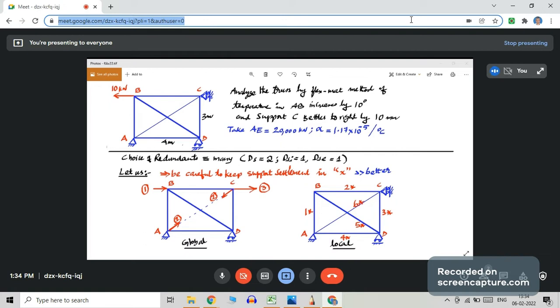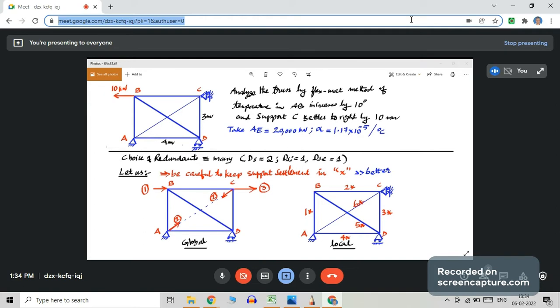If you are okay with our notations, capital R, small r, capital Q, small q, capital X, small x, then only you can understand what I am going to discuss further. So if you are not clear on all those notations, then please pause the video and try to understand their meaning, then restart this video. Otherwise it will be very difficult.